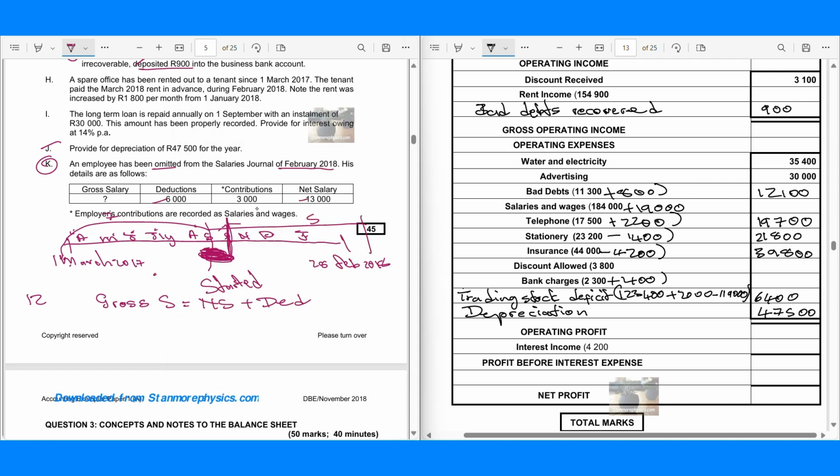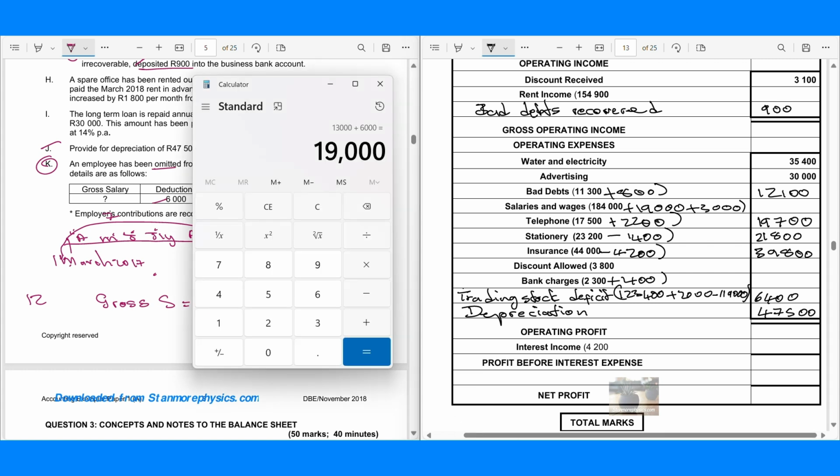Plus 19,000. Alright. And what do you need to record? Contributions. Plus contributions. You say plus 3,000. That's it. Simple. So let's add everything.